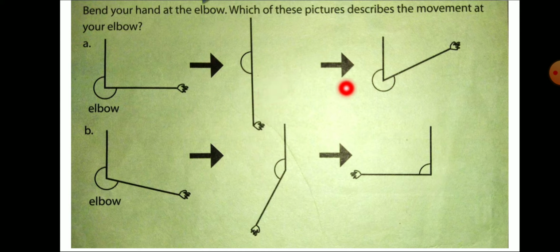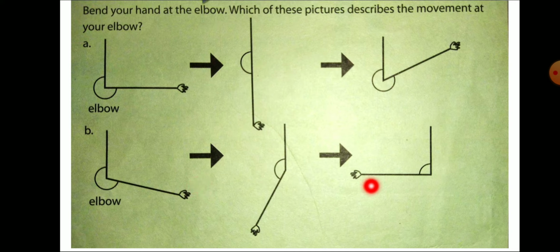Then come to the next. You can keep your hand in an L shape. As well, if you come to picture B, your elbow is like this. You can stretch forward, but you cannot stretch backward. Remember this. You cannot stretch backward.